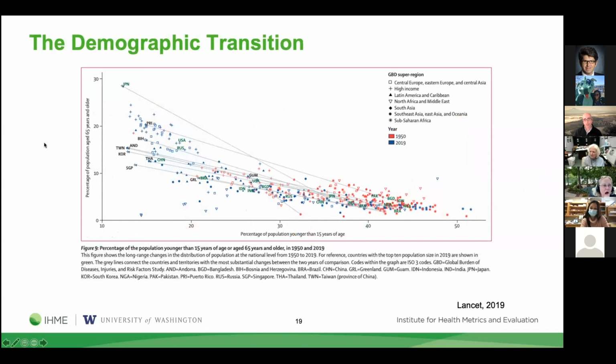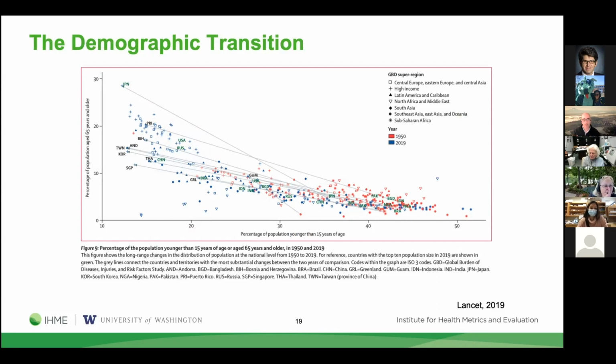So just circling all the way back to where we started with Abdel Omran, remember that what he was really talking about with the epidemiologic transition was a demographic transition. And one of the ongoing efforts of the Global Burden of Disease study is to sort of continue that chain of demographic research and update it continuously. And so what you see here is what I would call the most recent snapshot we have for what the demographic transition looks like.